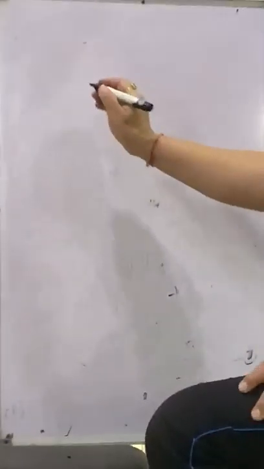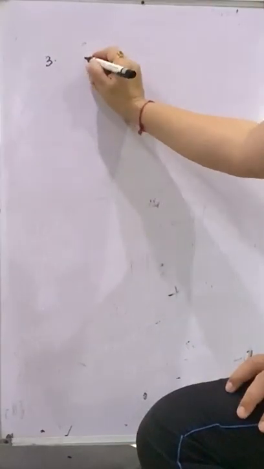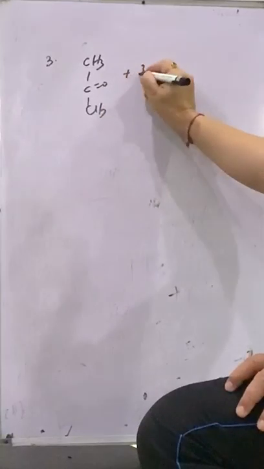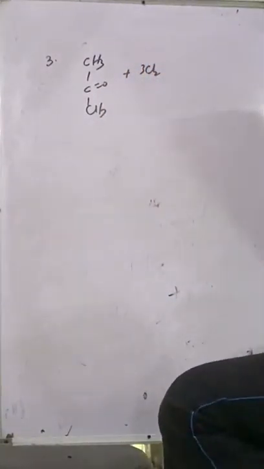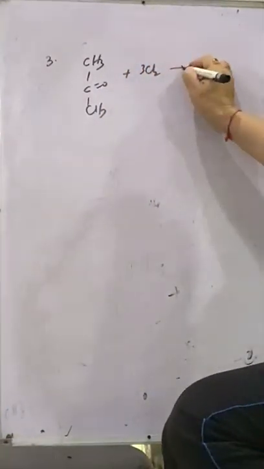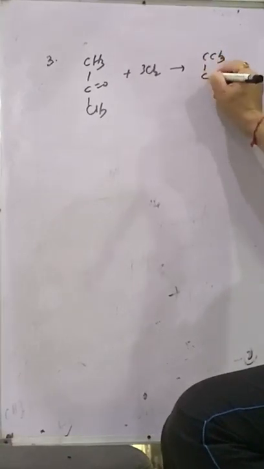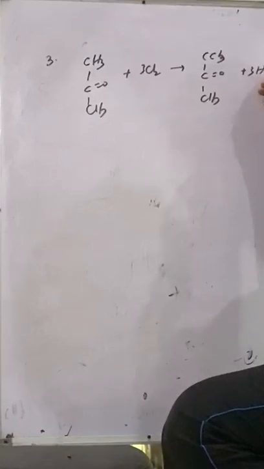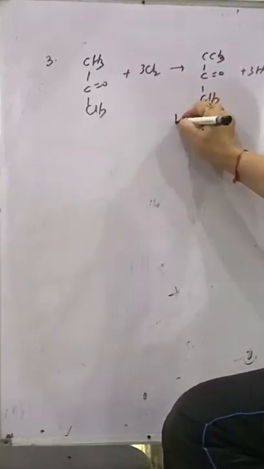Third method: you have CH3COCH3 and 3Cl2 again. This becomes CCl3COCH3 plus 3HCl. This is trichloroacetone.